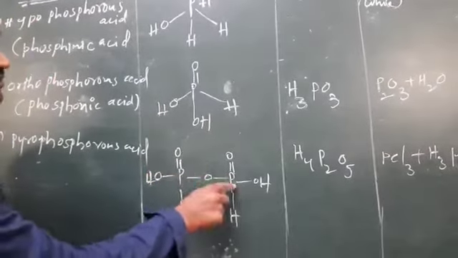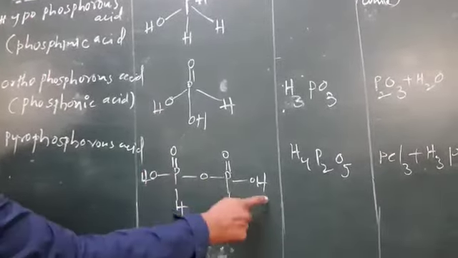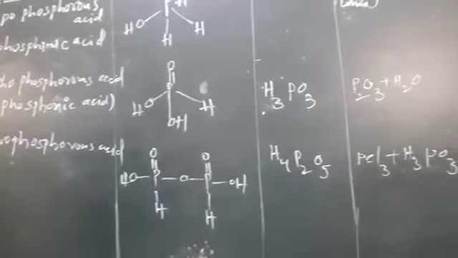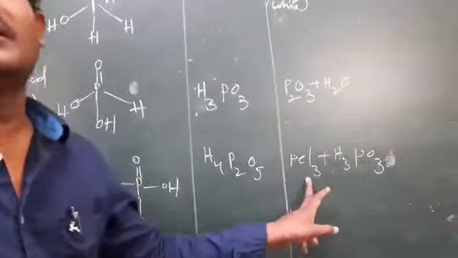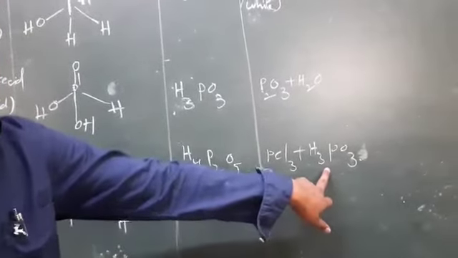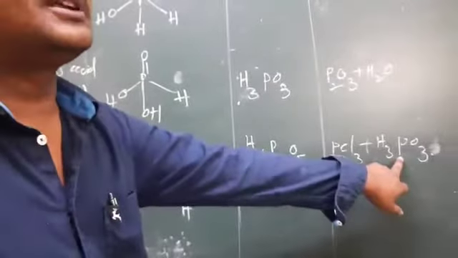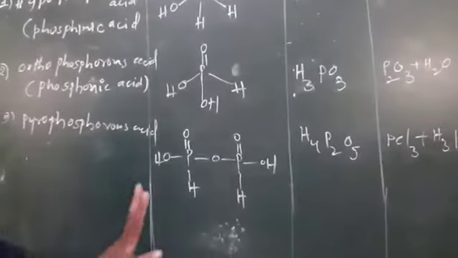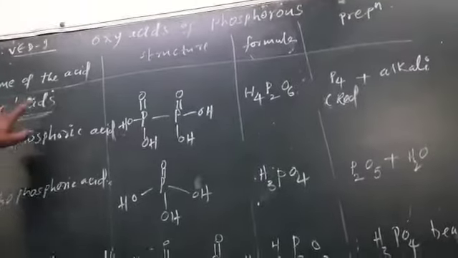It can be prepared when PCl3 is treated with phosphorus acid, also called orthophosphorus acid. So these are the -ous acids.